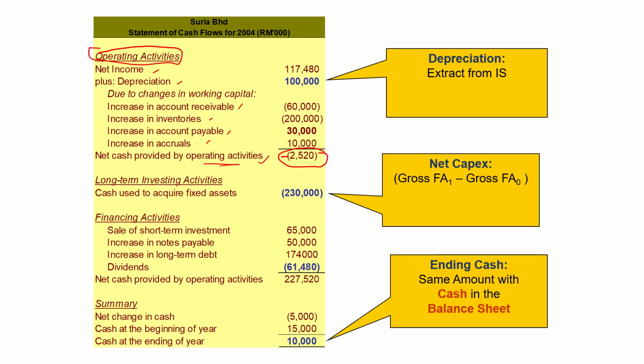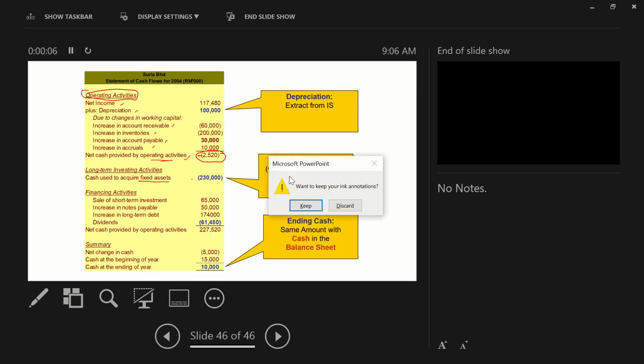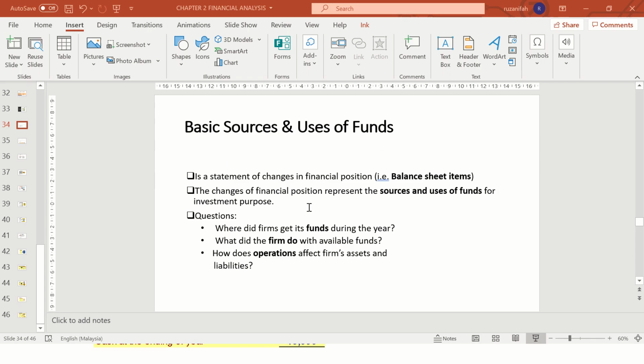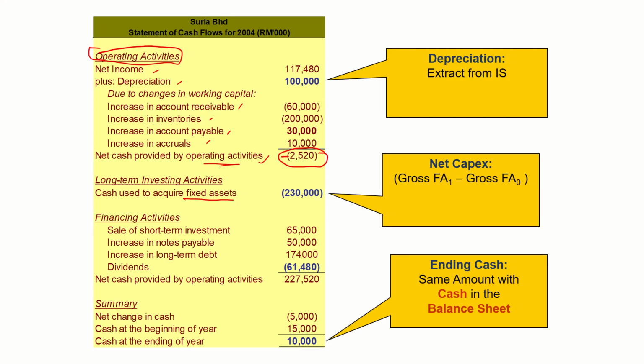Whereas for long-term investing activities, they acquired a fixed asset, actually paying 230,000. They actually spend 230,000 for acquiring fixed asset.